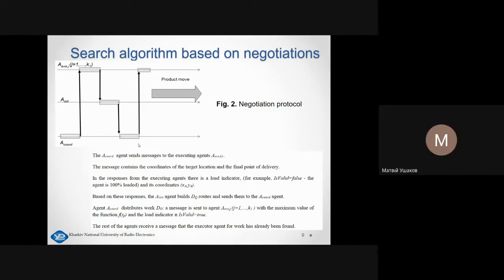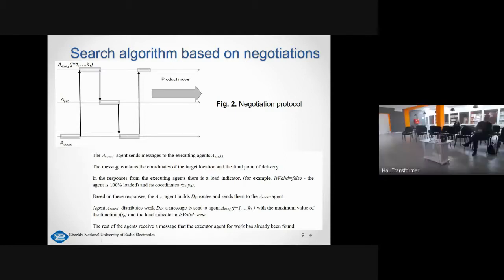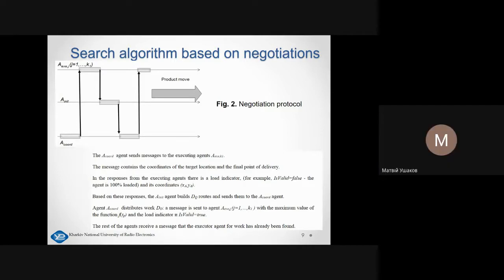The robots that we use in the system are going to negotiate with each other.